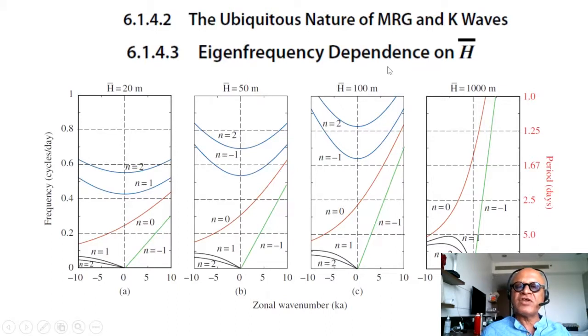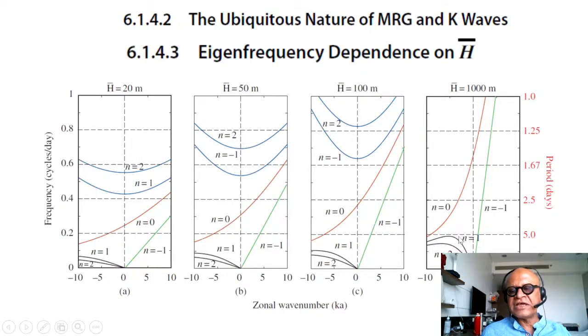The eigenfrequency depends on h bar, so you can draw that same dispersion diagram for different depths going from 20 meters to 1000 meters, and look again at the wave number and frequency, and you can see the dramatic changes now in the structures, right?